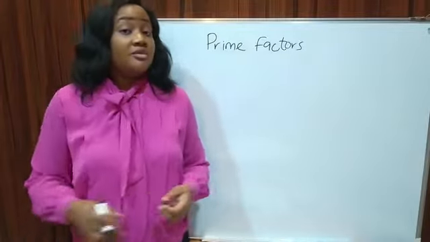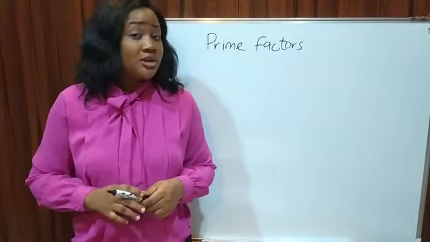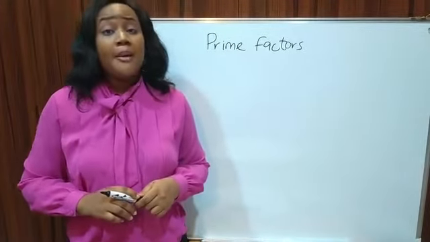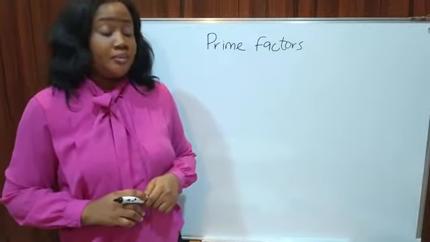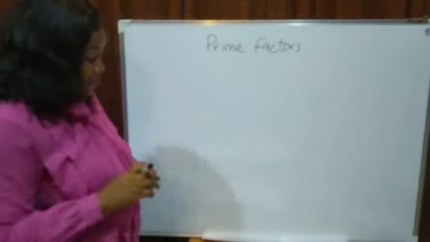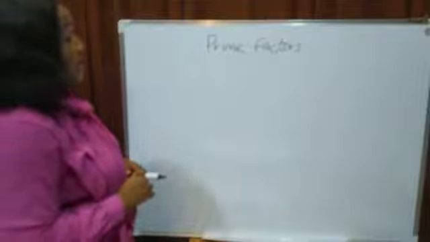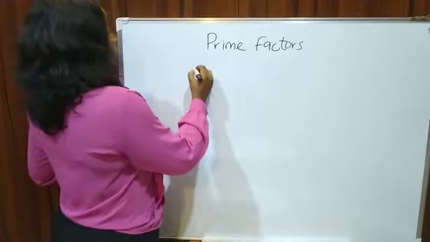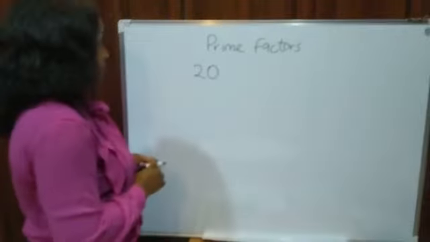So now we talk about prime factors. Prime factors are those factors of a number that are prime numbers. Okay? So, let's take, for example, 20, which we worked with earlier. Let's find the prime factors of 20.